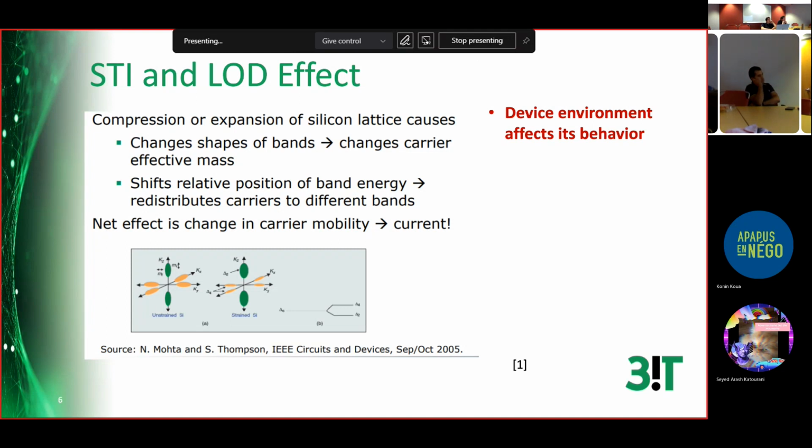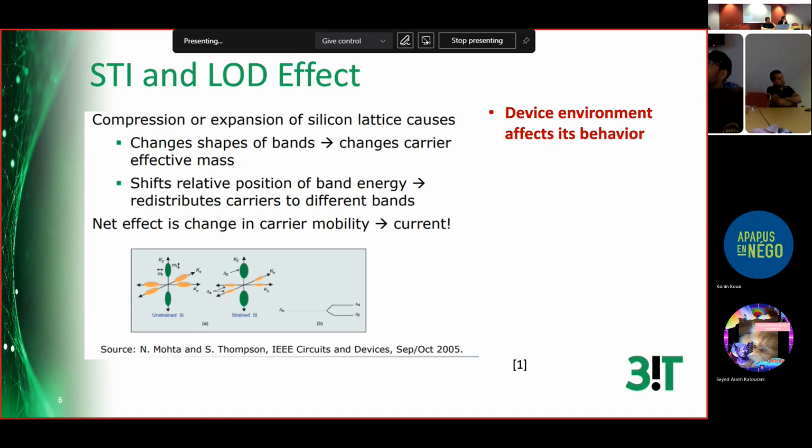In that case, it's more a mechanical stress. I'm not going into the detail of the mechanical aspects, but you have compression and extension, and this makes some mechanical stress over the device. So to sum up, those edges create mechanical constraints on your device, and this affects its mobility.